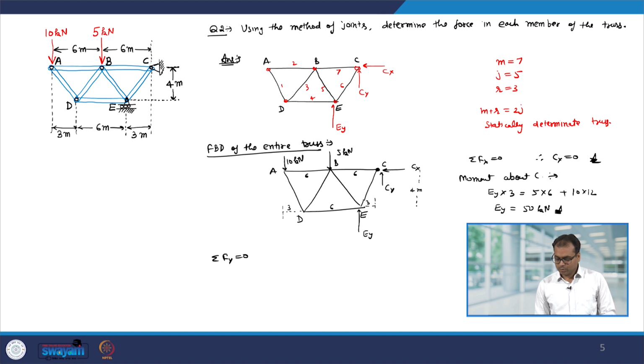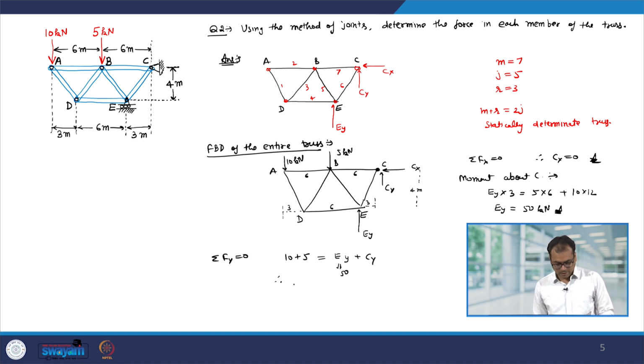Now, let us balance the force equation in the y direction also. Summation Fy equal to 0. This gives you 10 kilonewton plus 5 kilonewton equal to Ey plus Cy, and Ey we have already calculated, it is 50.